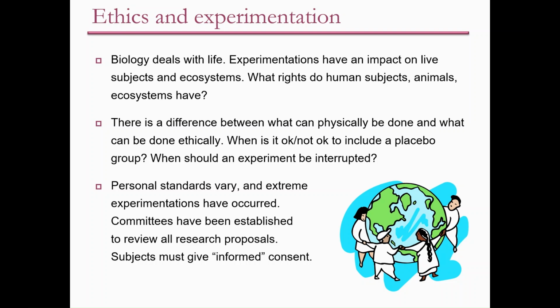And they also want to ensure that the subjects are given informed consent. Okay. So when you do have a study or experiment you want to perform, if it has any chances of causing ethical issues, it's going to have to be run through the institutional review board. All right, and that actually wraps up chapter 1.